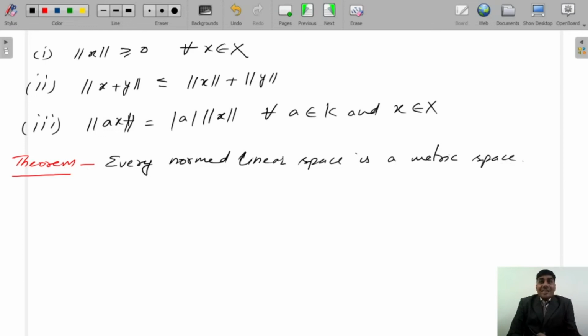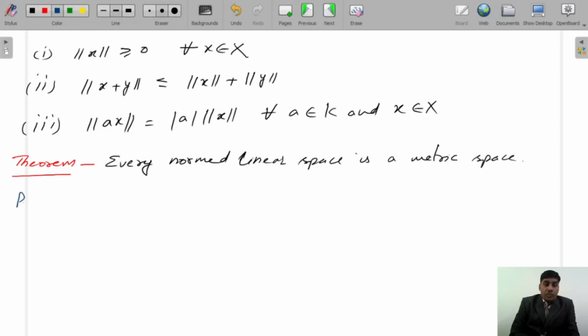In previous lectures we discussed metric space in detail. In today's lecture, in this theorem, we will discuss that every normed linear space is a metric space. That means a norm space which satisfies all the properties of metric space also, then it becomes a metric space.